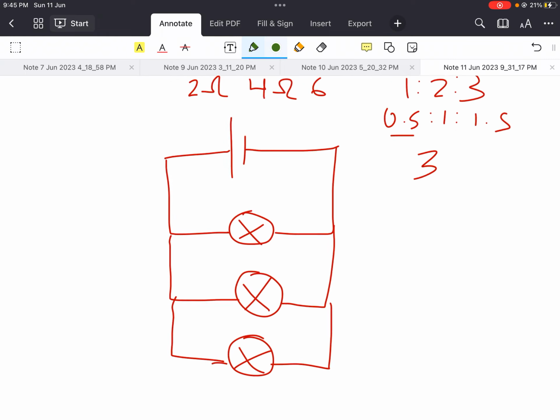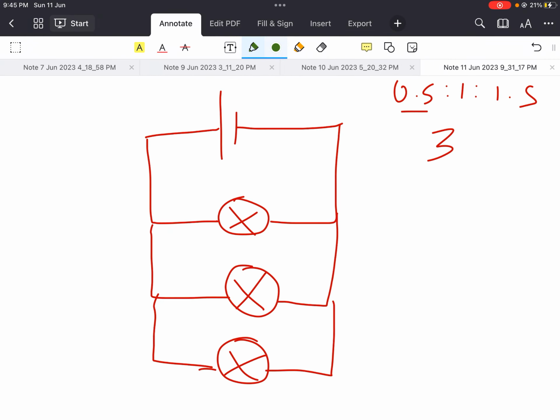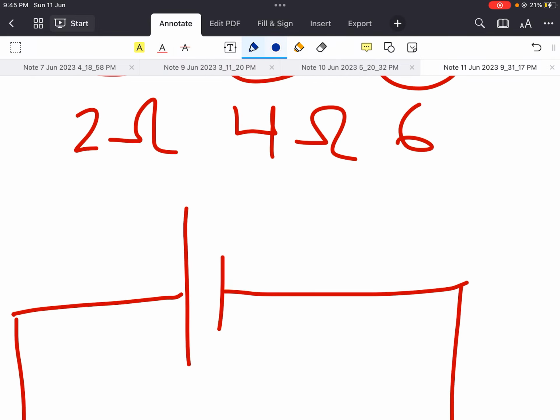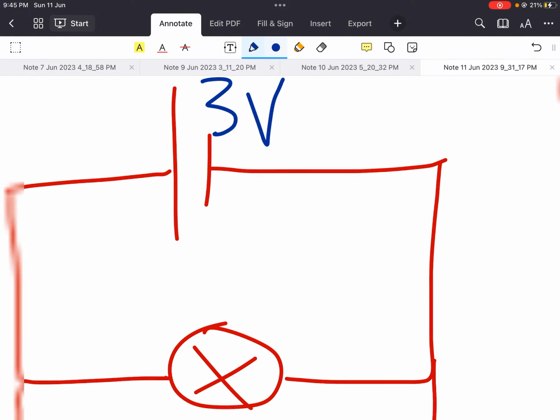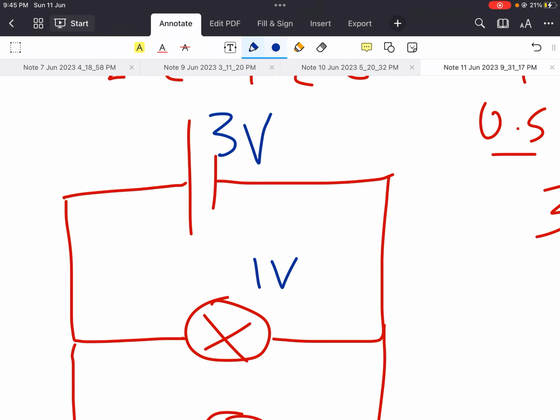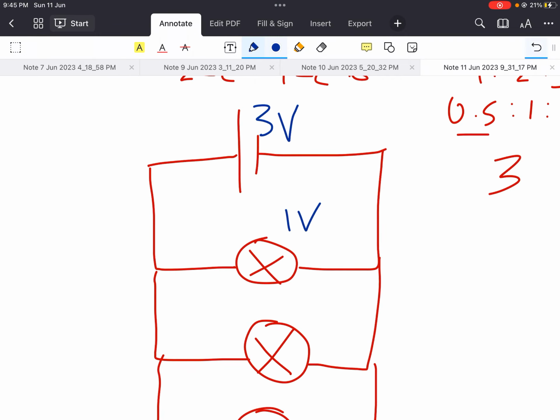And then after that, you have a parallel circuit. A parallel circuit is actually very different. So in a parallel circuit, let's say you have 3 volts, but it's not like 1 volt, 1 volt, 1 volt.